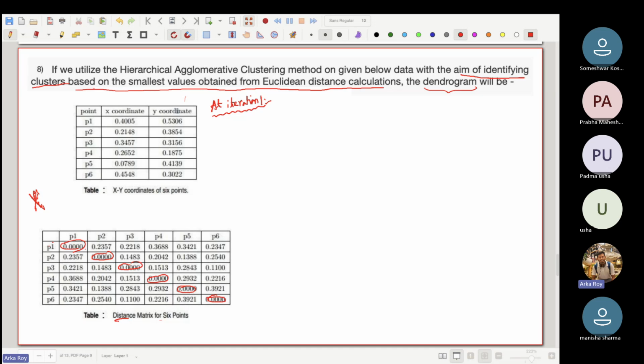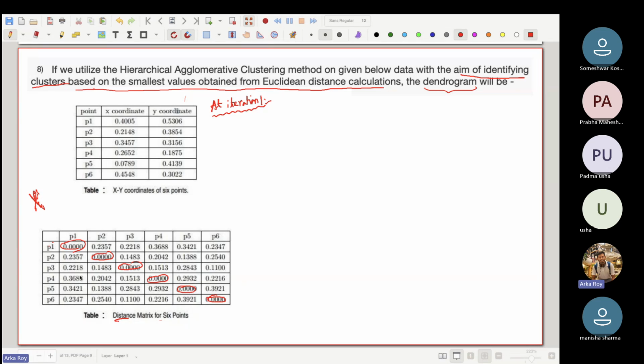Now we have to find. As I was saying, you got this distance matrix, which is the tabular representation of the Euclidean distance calculated from each of the point pairs. The on-diagonal elements are the distance from the point to itself, so effectively you will get 0.